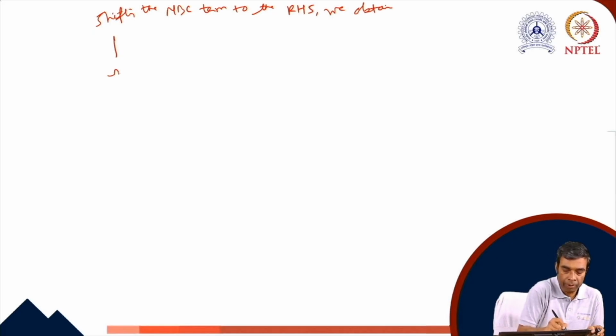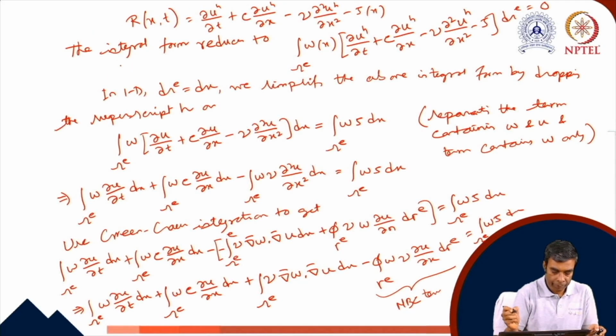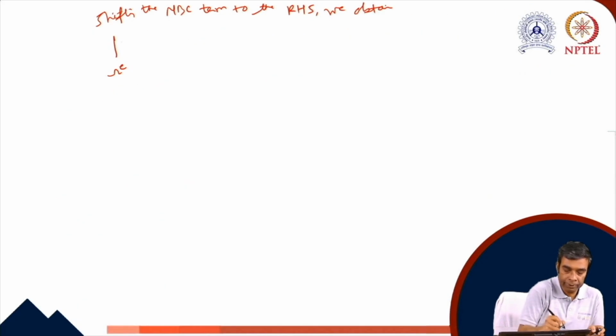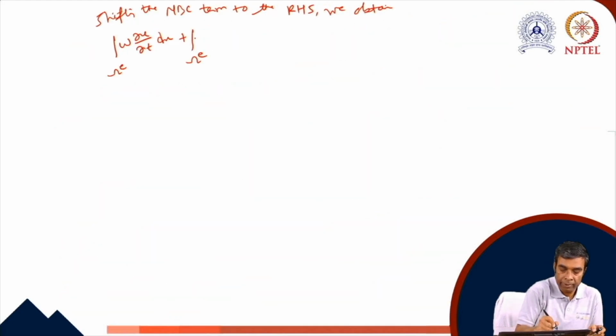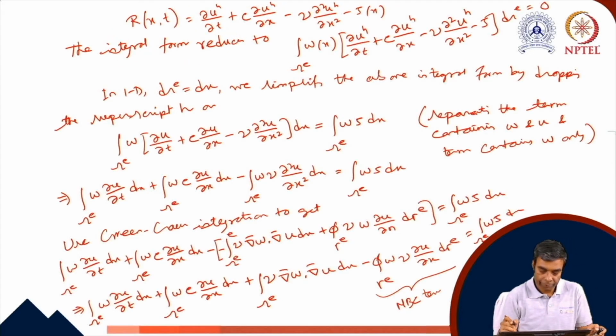integration over omega e w del u del t dx plus integration over omega e w c del u del x dx plus integration over omega e nu into gradient of w into gradient of u.